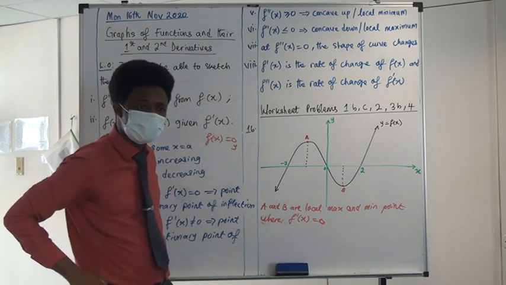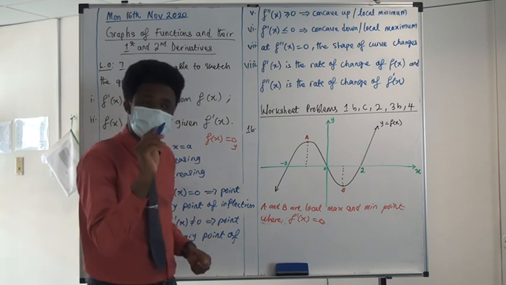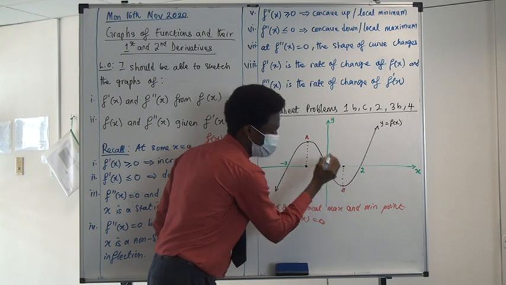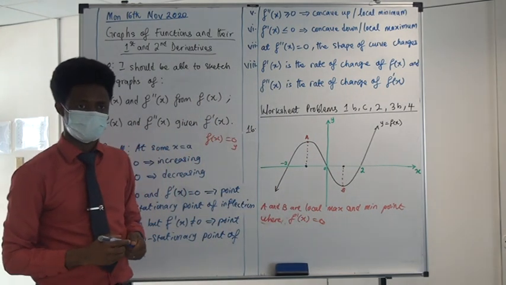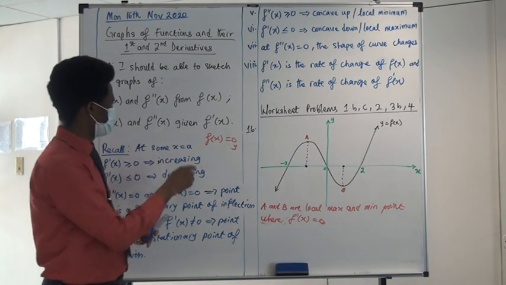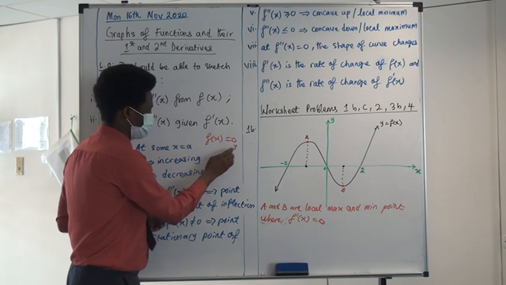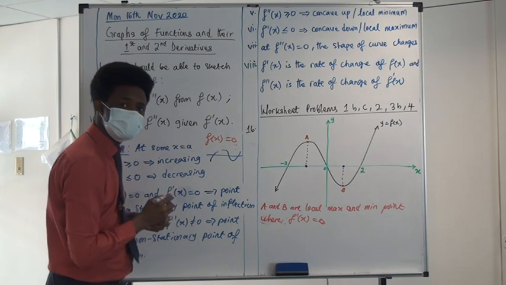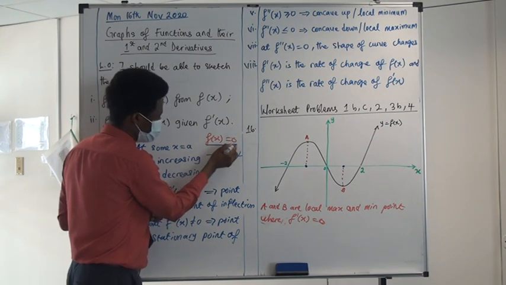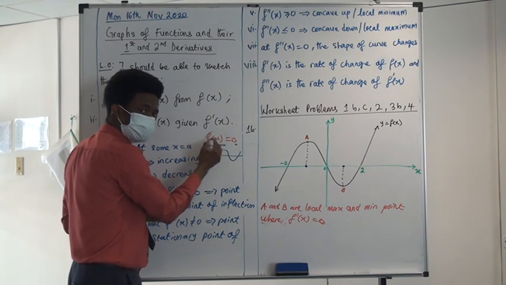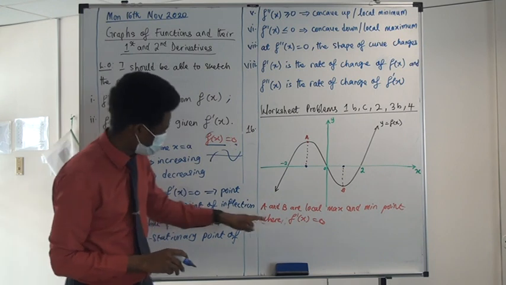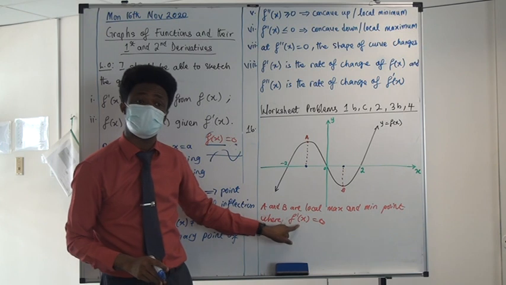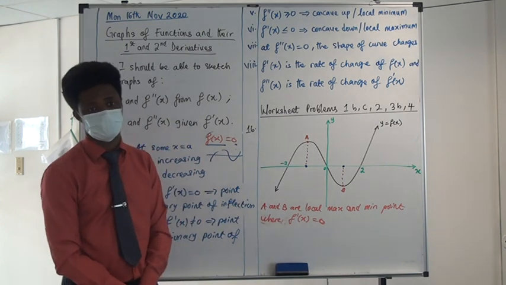The implication of that is that the graph you are looking for crosses the x-axis at these 2 points. Again, f of x equals 0 means where this graph of f of x crosses the x-axis. So when you say something equal to 0, you are saying when that equation crosses the x-axis. So similarly, when f prime of x is equal to 0, we are saying when the graph of f prime of x crosses the x-axis.